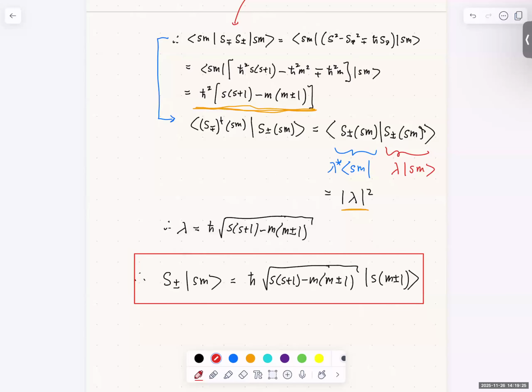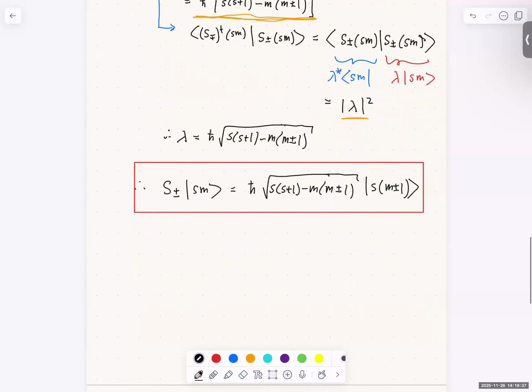So what I'd like to do next is get into some of the details that are specific to the spin of an electron, in particular in our hydrogen atom or just any free electron, in fact.